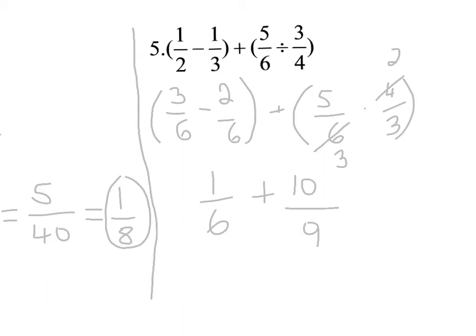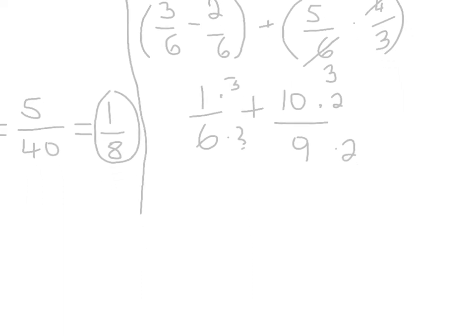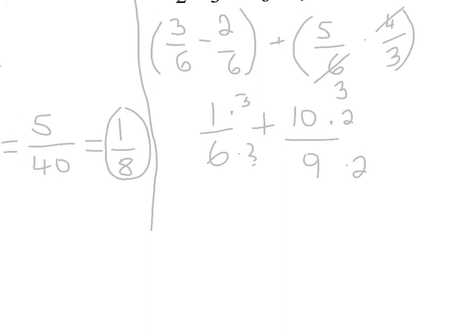So 18. So I'm going to multiply this by 3 and this by 3. In other words, what you do to the numerator, do the same thing to the denominator. And the second fraction I will multiply by 2, and I'm going to multiply by 2.